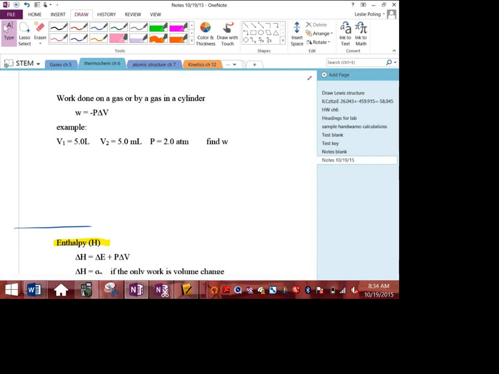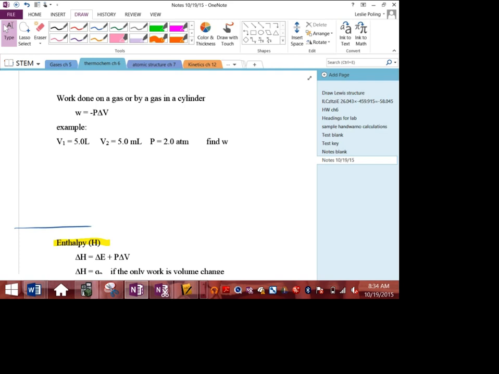Now, when we have work done on a gas or by a gas in a cylinder, when you do work on a gas, this is what I was just talking about, you're pushing the cylinder in, so you're making the volume do what? You have two choices, get bigger or smaller. If you're pushing it in, you're making the volume get smaller. When you let go, what does the gas do naturally?